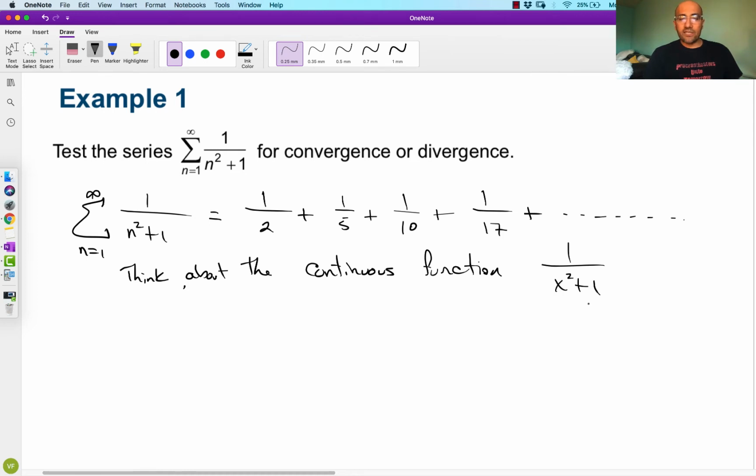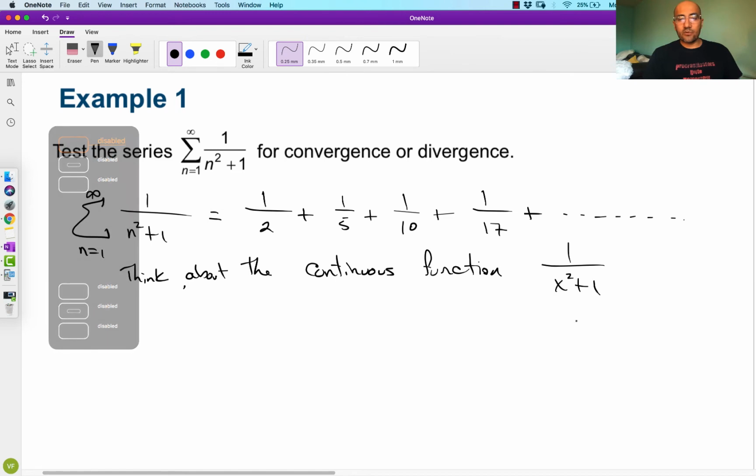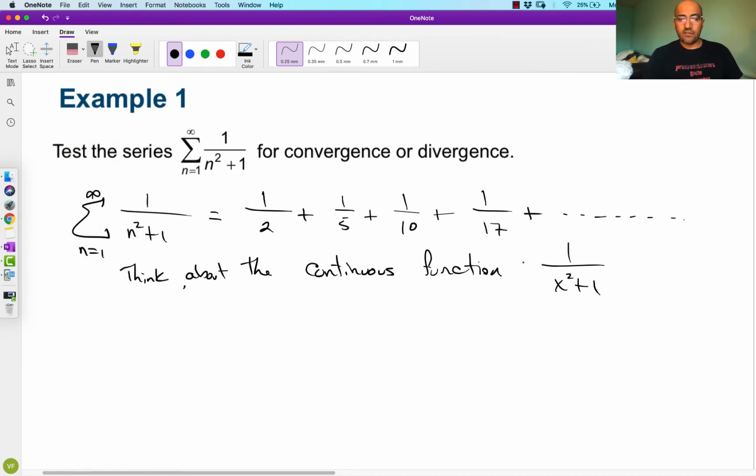We need to establish that it's decreasing. To establish that it's decreasing, we're going to have to take its derivative. So let's make this f of x equals this function. Okay, so let's take its derivative. F prime of x is equal to the derivative with respect to x of this thing. And I'm just going to rewrite it this way: x squared plus 1 to the -1 power.